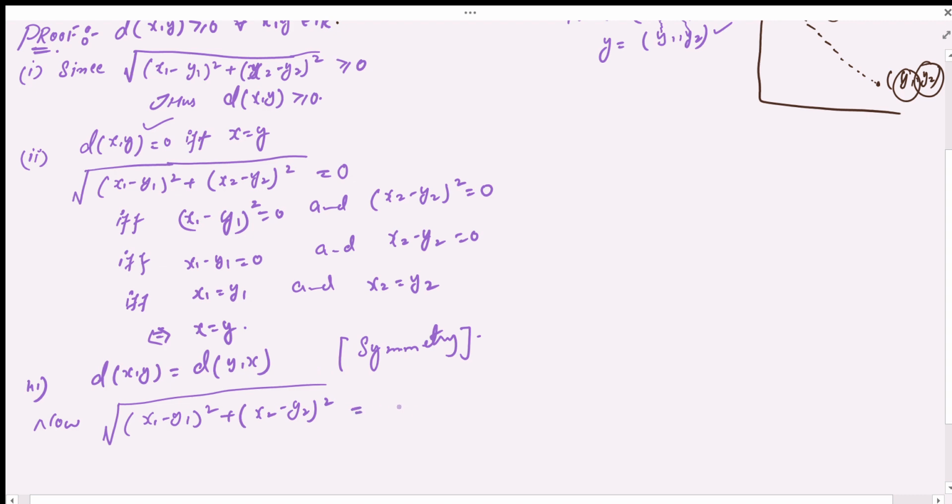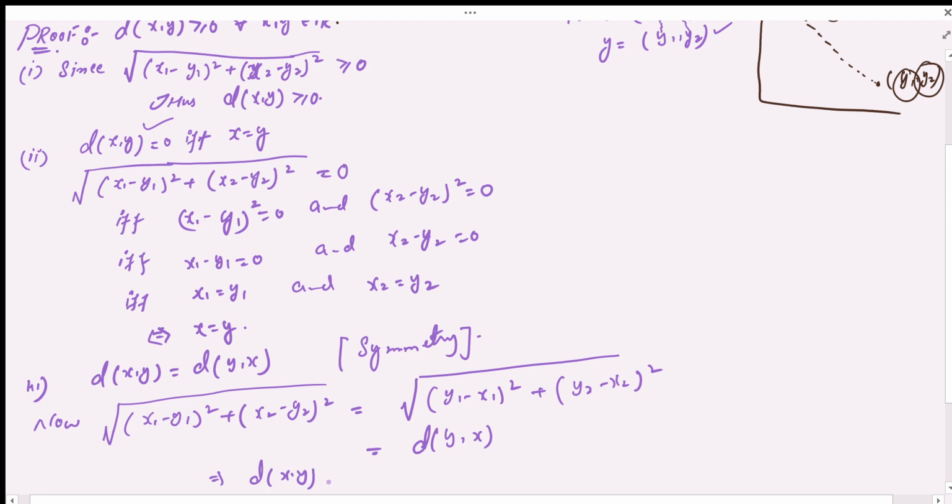Can I also write it as the square root of (y1 minus x1) whole square plus (y2 minus x2) whole square, because we have squares so we can easily interchange them. And if this was the definition of d(x, y), this will be the definition of d(y, x). So what we finally got is that d(x, y) is equal to d(y, x).